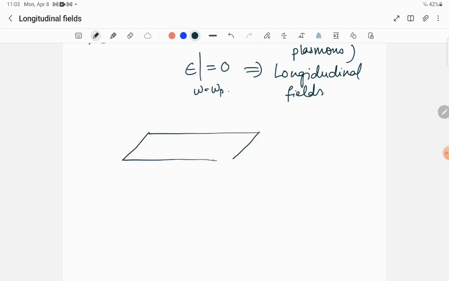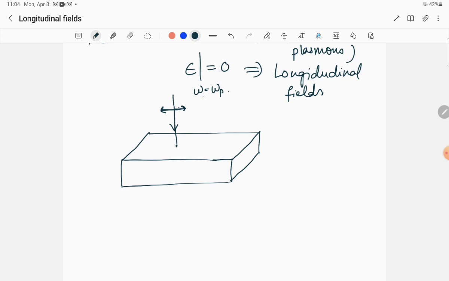So if you have a material, the conductor of course, and you have light, an electromagnetic field, shining on it from the top, your electric field is transverse initially, so it is in this direction. An oscillatory electric field, the electric field lies in the plane.